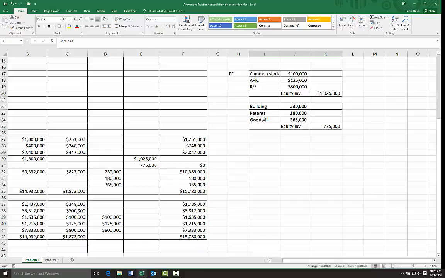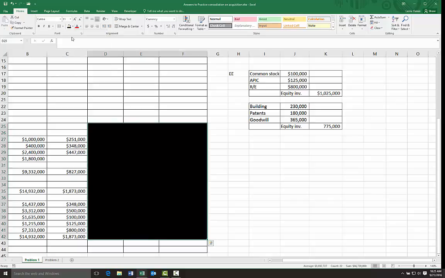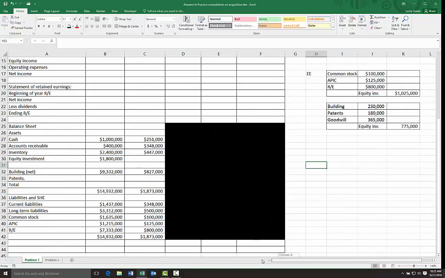Ignore these. I think I'm going to just black this out for a minute so that we're not distracted. So I go down here and I look at our worksheet. We have common stock, additional paid-in capital, and retained earnings.